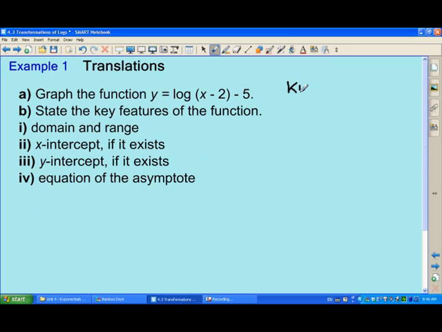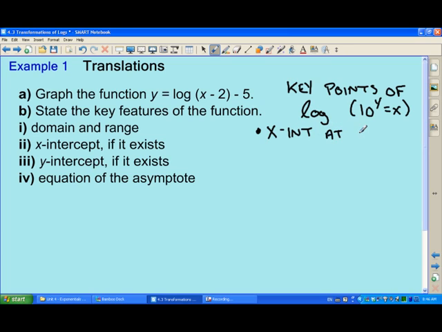Let's first talk about the key points of the common logarithm function. And keep in mind that the common logarithm can be written as 10 to the power of y equals x. And that's where we get our key points from. So the key points being an x-intercept at x equals 1, or a coordinate of (1, 0).